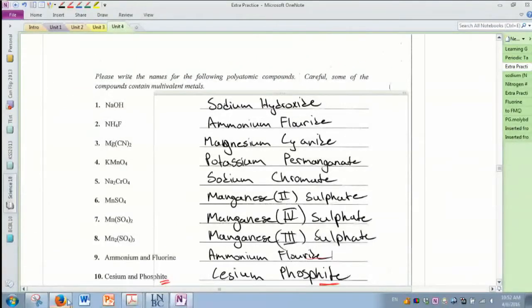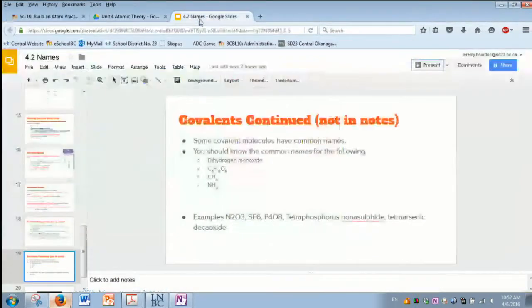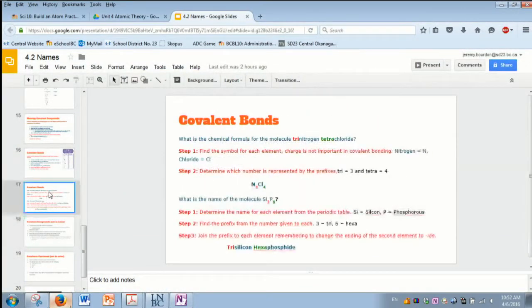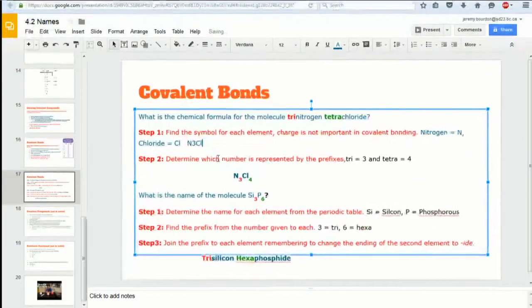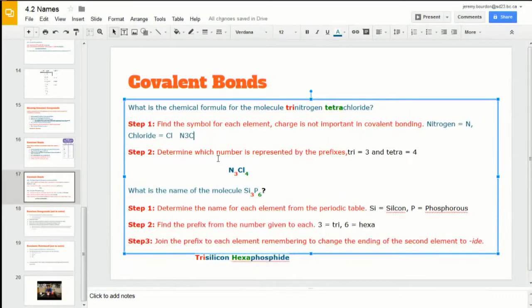Nitrogen, I'm not going to put in my subscripts, but it should be trinitrogen, so N with a little 3 after it. And then Cl with a 4 after it. That should be subscripts. So let's make them subscripts.